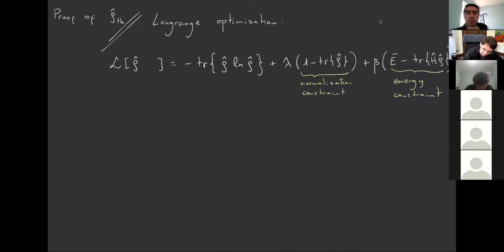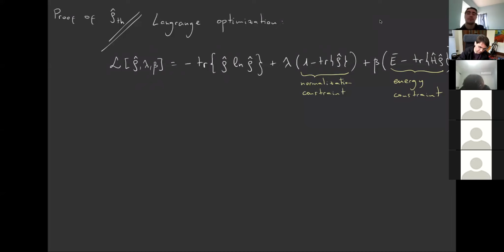So it depends also on lambda and beta, which are Lagrange multipliers. And then what we ask is that this Lagrange functional, when we make a variation of the things it depends on, so the state, the lambda and beta, is equal to 0.